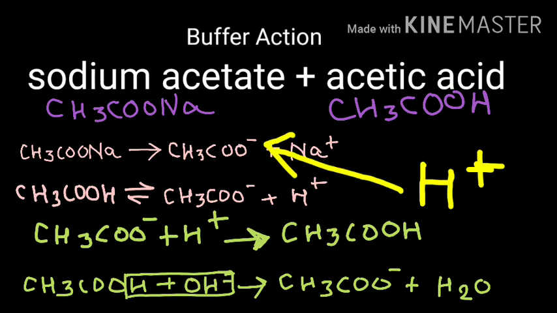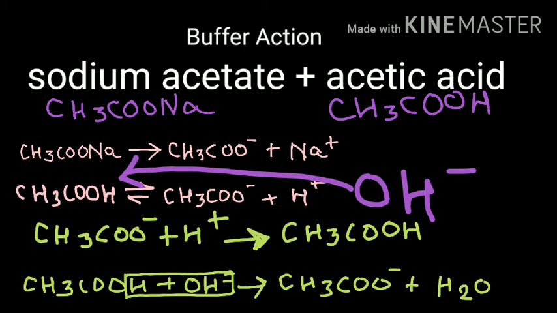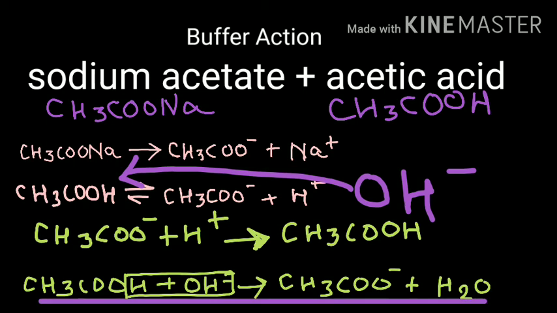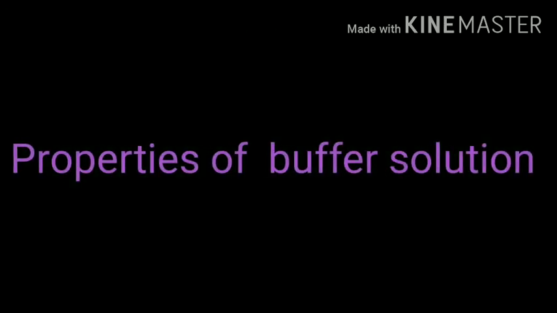So when you add acid, it is going to combine with the CH3COO minus ions, giving you the formation of acetic acid. And when you add a base, we know base is characterized by OH minus ions. So it is going to react with the undissociated CH3COOH molecule to give you the formation of water and CH3COO minus ions.